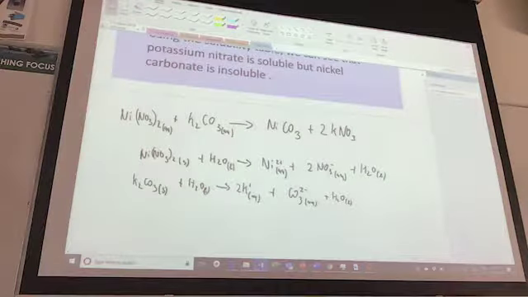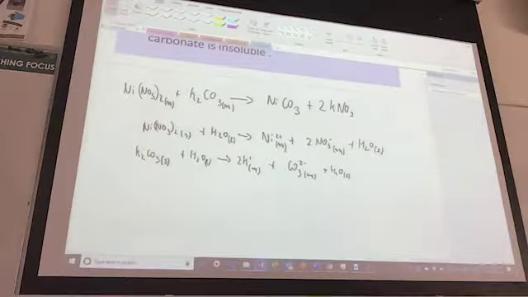So if we were to write the equation at the top in terms of ions, we actually have nickel plus nitrate plus potassium plus carbonate, all as ions.